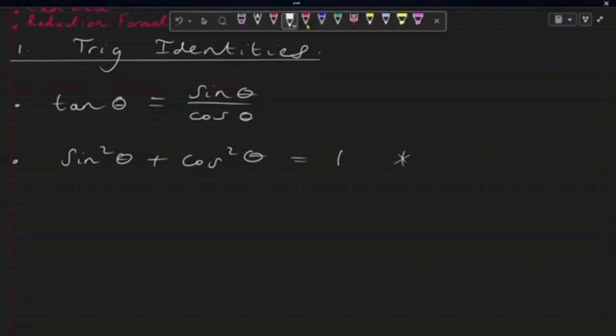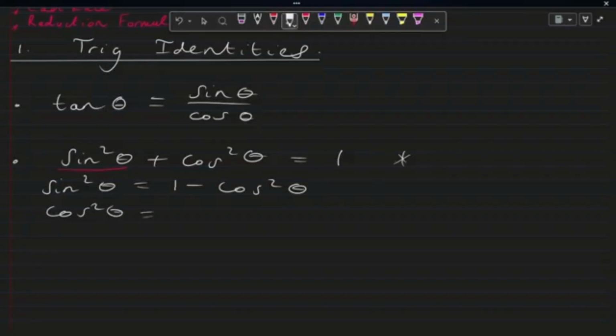Okay, we can see that from this I can make sine squared the subject, right, by taking cos squared to the other side. Now if I do that, I will find out that sine squared of theta is basically equal to 1 minus cos squared of theta. And obviously I can do the very same thing with cos squared theta.